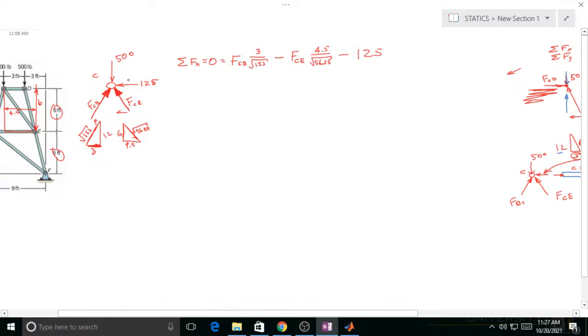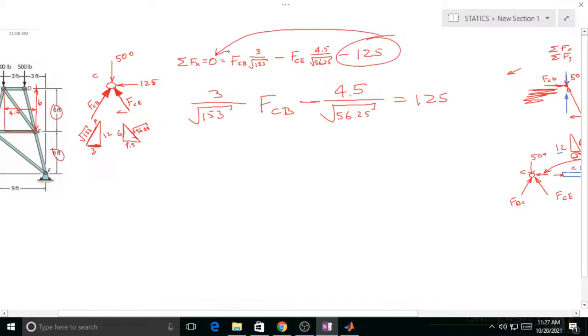So I can do this, 3 over square root of 153 FCB minus 4.5 over square root, I'm just rewriting it, equals 125. I move that to the other side. So I got an equation here.